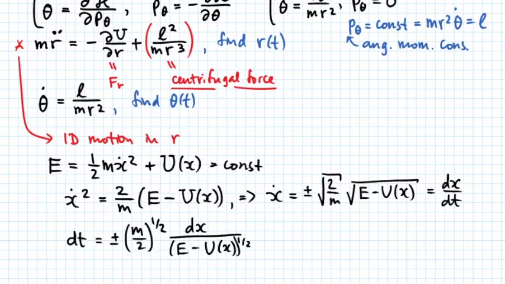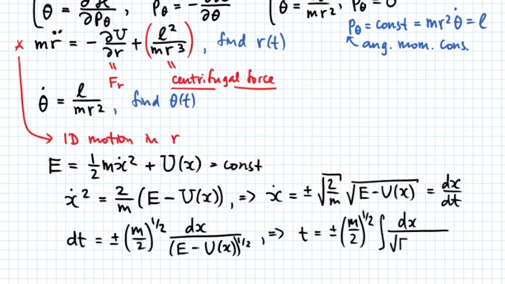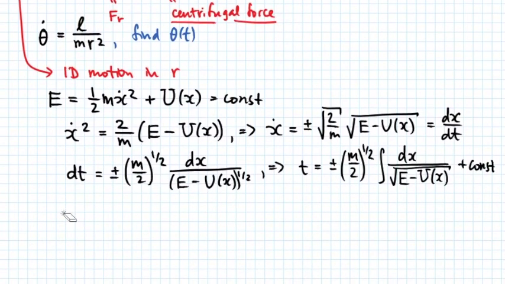We can integrate it, and we get that time is given by the square root of m over 2 times the integral of dx over the square root of energy minus U of x, plus, of course, some constant. We see that classically the motion is allowed when the full energy is greater than U of x. That gives us a restricted domain of motion.